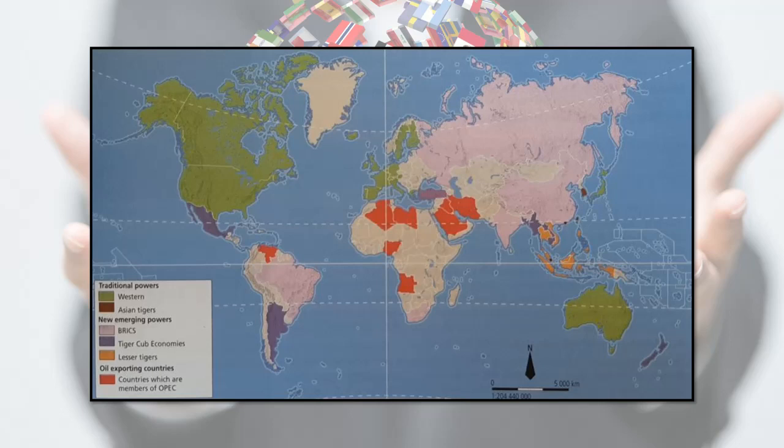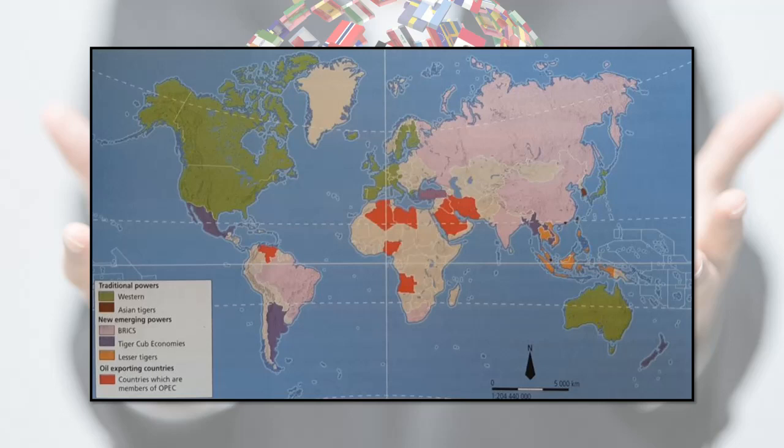Then we have the Asian tigers, the brown countries, which are South Korea, Hong Kong, Taiwan, and Singapore. These are emerging countries that have great technological developments and an economy very focused on technological production.